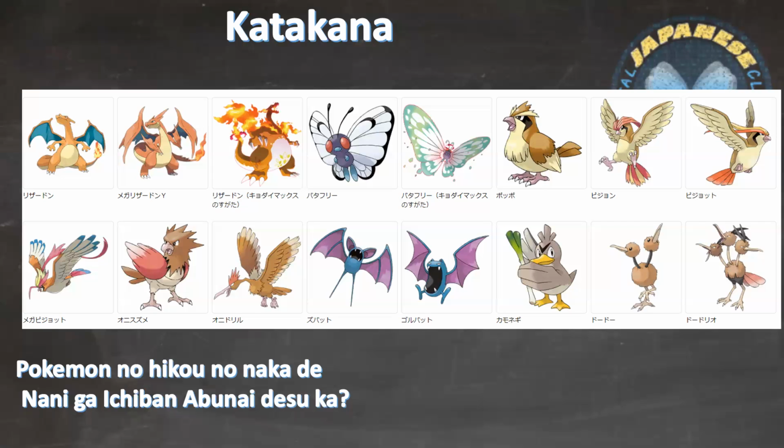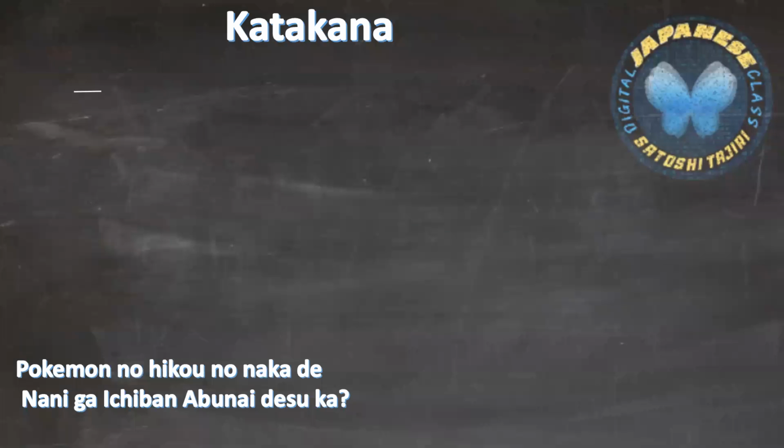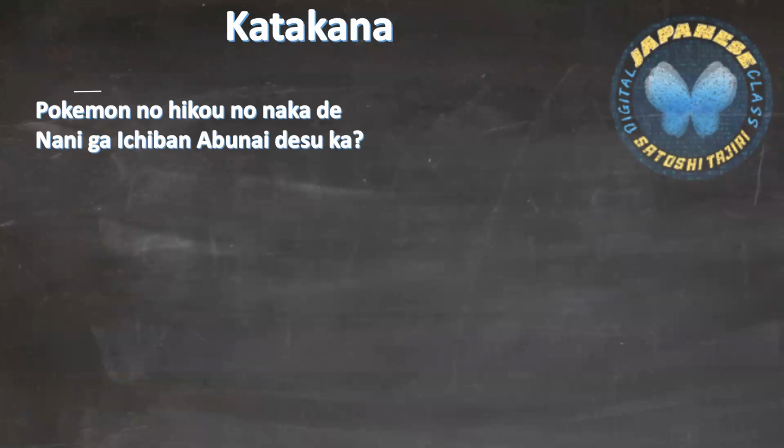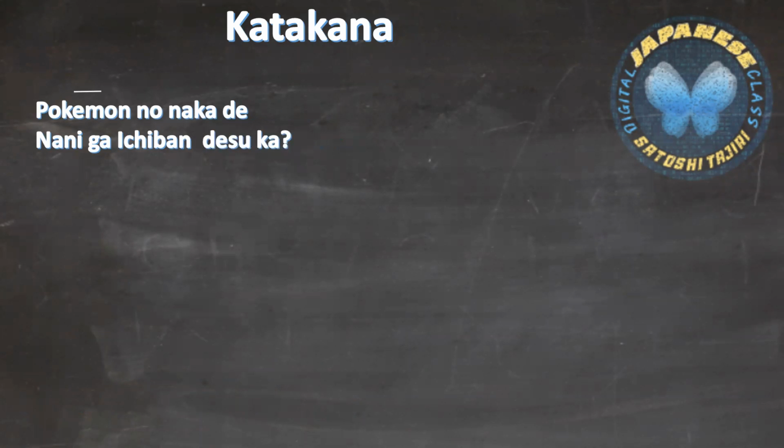Okay, now give me the answer here. If you don't know their Japanese name, it's okay. You can give first the English name. Pokemon no naka de, nani ga ichiban yowai desu ka? Yowai, it means weak.